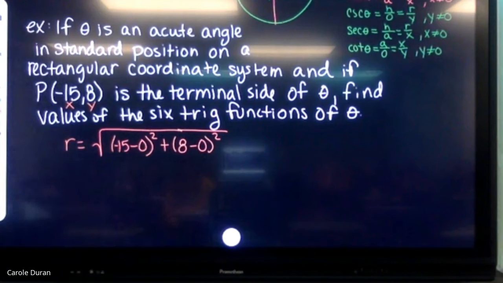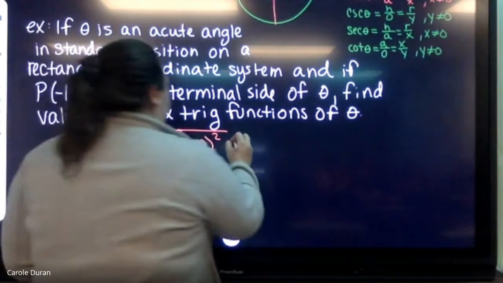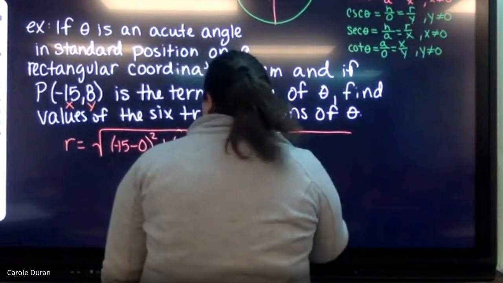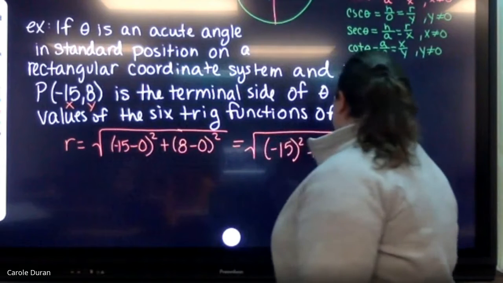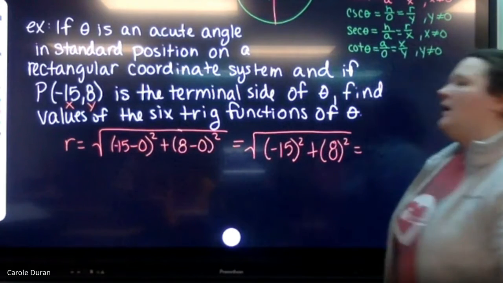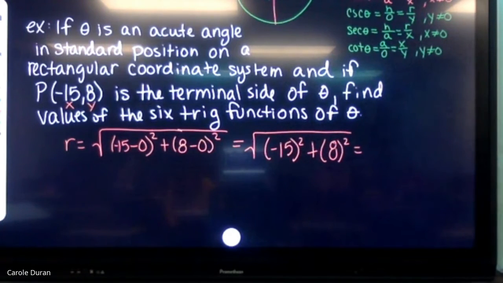So my radius is equal to the square root of negative 15 minus 0 squared plus 8 minus 0 squared. Simplified, I would have negative 15 squared plus 8 squared, and then I could plug that into my calculator.